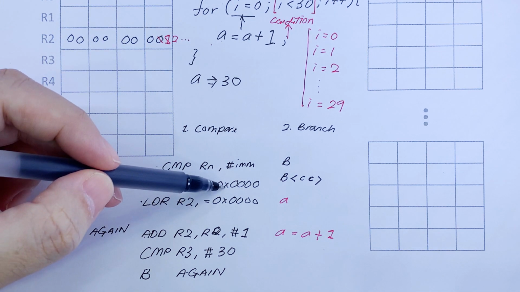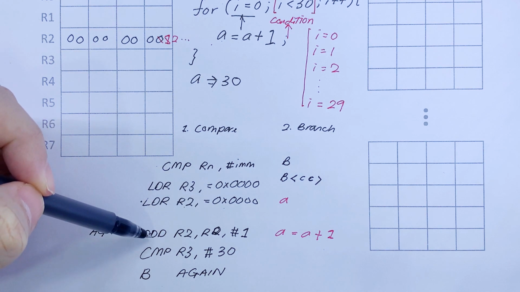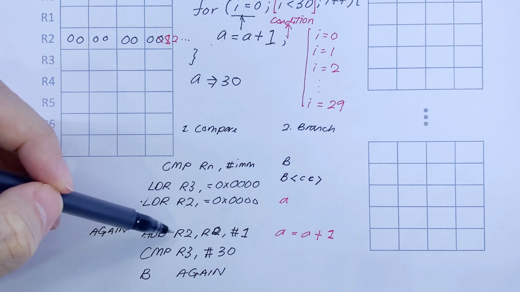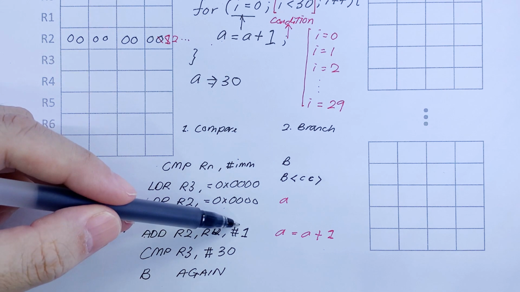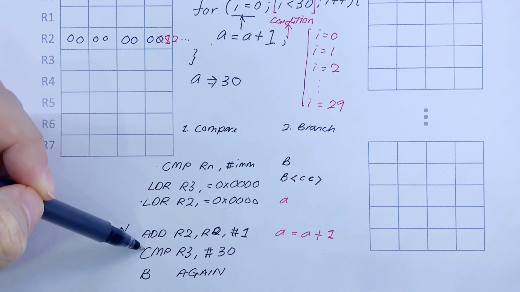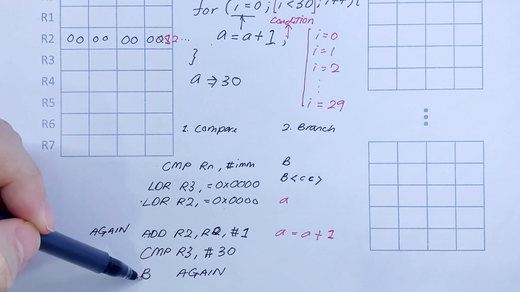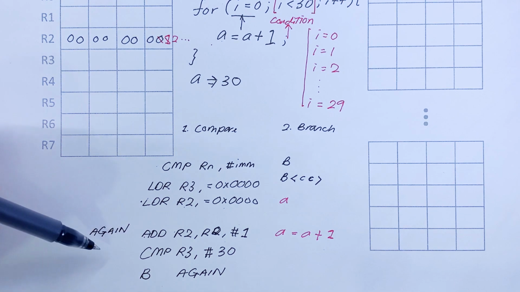So R3 starts with 0, R2 starts with 0, and we start adding R2 with 1 and store to R2. And every time we do this, we're going to compare whether R3 is equal to 30. Then we're going to branch to again.